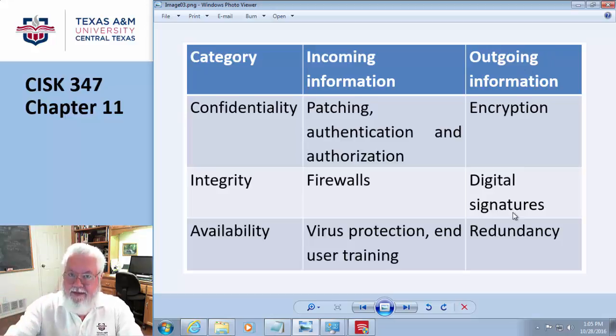So outgoing confidentiality. Once again, outgoing confidentiality is no peeking. How difficult is it for somebody to pick up a conversation if they had physical access to the wire and could tap it? How difficult would it be for them to see what was going on? Actually, it's pretty easy.